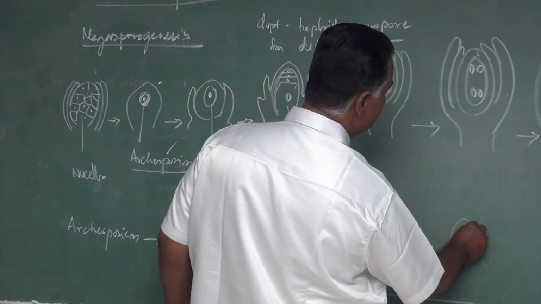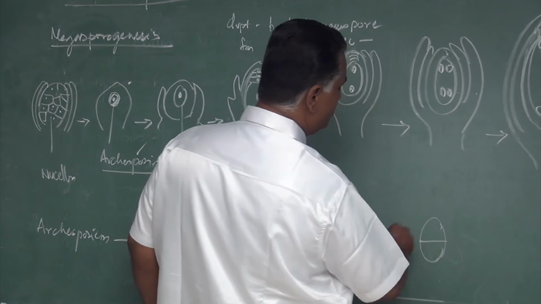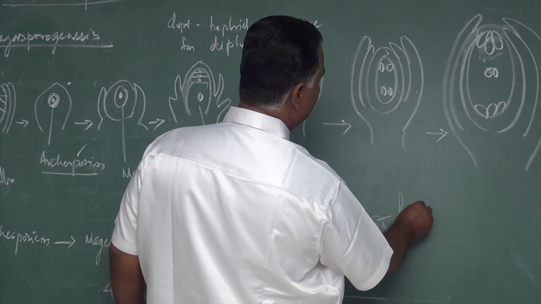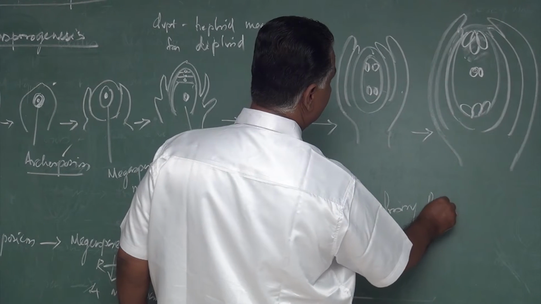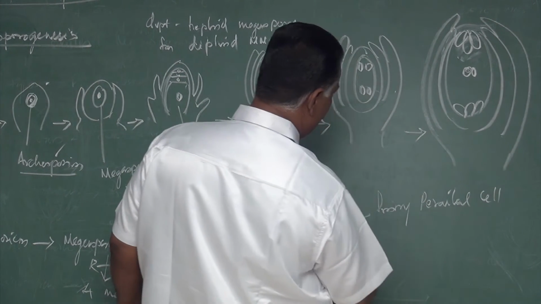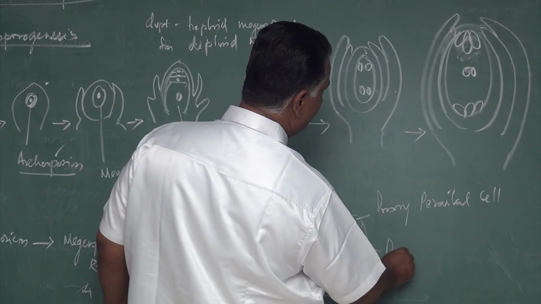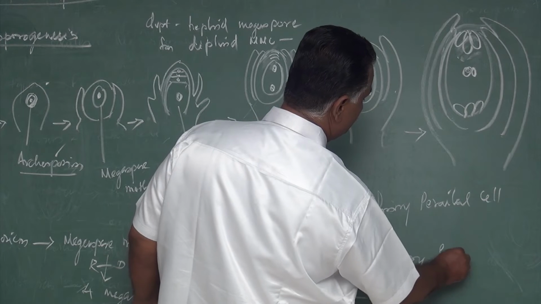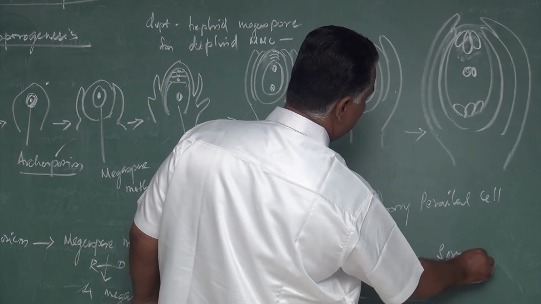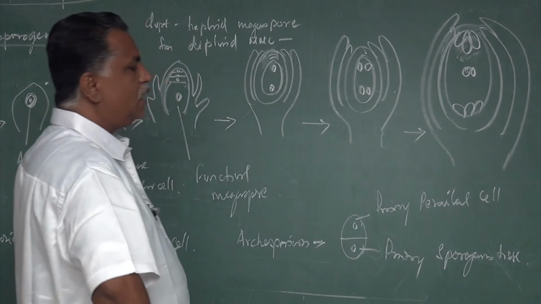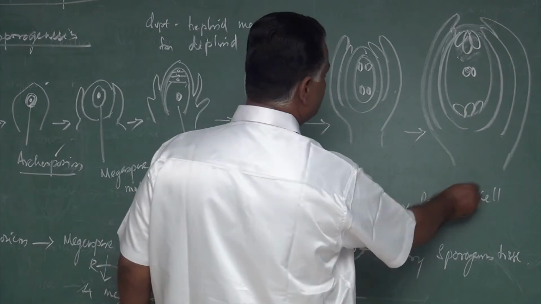In most cases, the archisporium divides periclinally and gives rise to 2 cells. The upper cell is called primary parietal cell. The lower cell is called primary sporogenous tissue.